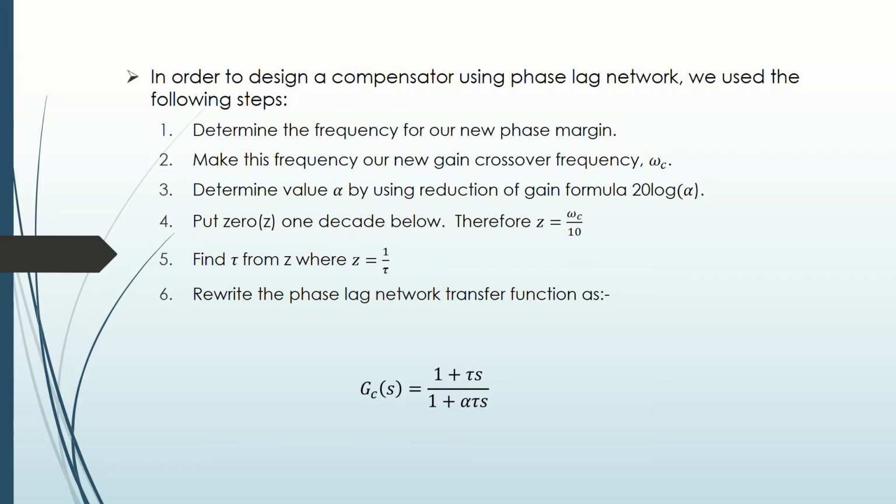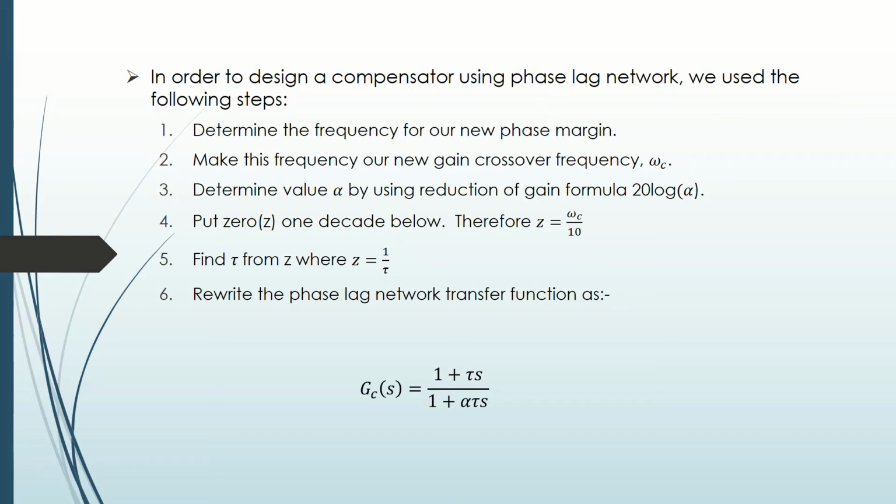Third, we will determine the value of alpha by using the reduction of gain formula, 20 log alpha. Next, we will put the zero z one decade below, and therefore we will obtain the z value, which is equal to omega c divided by 10. Next, we will find tau from z, where z equals 1 over tau.